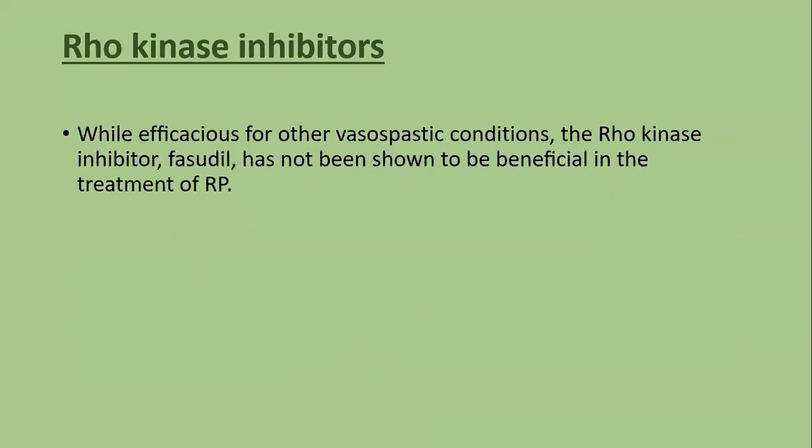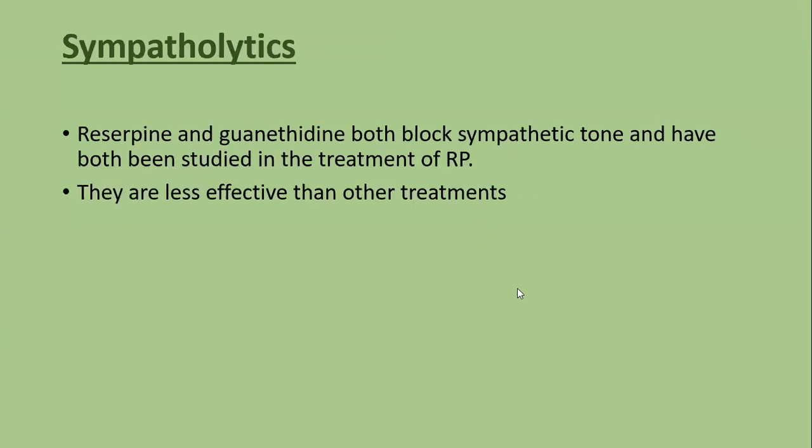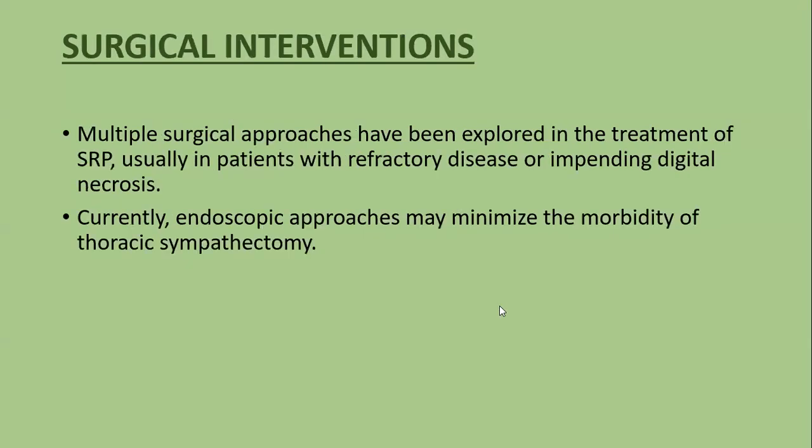Rho kinase inhibitor: while efficacious for other vasospastic conditions, the Rho kinase inhibitor fasudil has not been shown to be of benefit in Raynaud's phenomenon. Antioxidant N-acetylcysteine has been shown to be of benefit in 2 studies. Sympatholytics: reserpine and guanethidine both block sympathetic tone and have been studied in treatment of Raynaud's phenomenon. They are less effective than other treatment modalities.